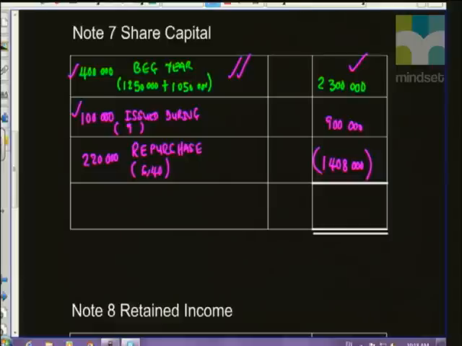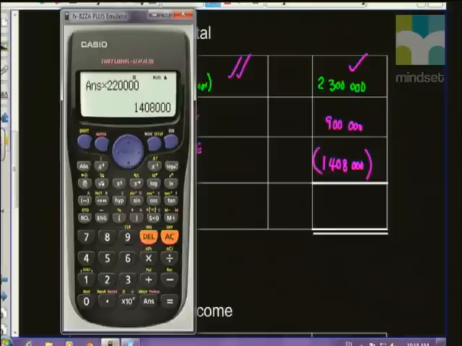Okay, let's complete that note by taking the following into account. It's my 2,300,000 plus the 900,000, okay, minus 1,408,000 to give me a value of 1,792,000.